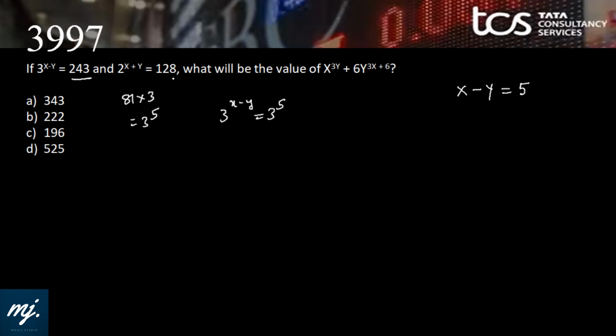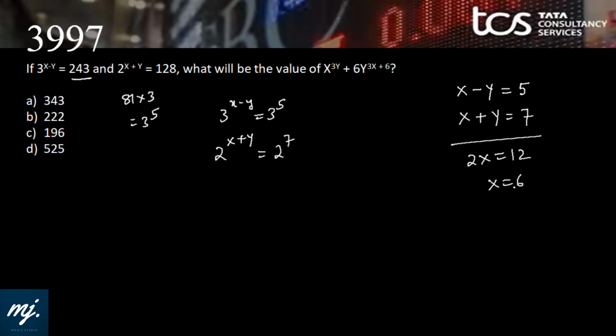The next one is 128. 2, 4, 8, 16, 32, 64, 128. That comes to 2 to the power 7. So 2 to the power x plus y is 2 to the power 7. Another equation, x plus y equals 7. Now we can solve this. Let me add this. 2x equals 12. X is 6 and then y is 1.